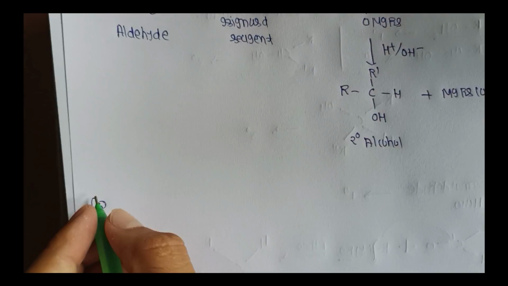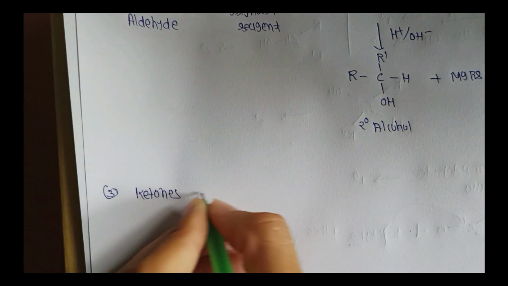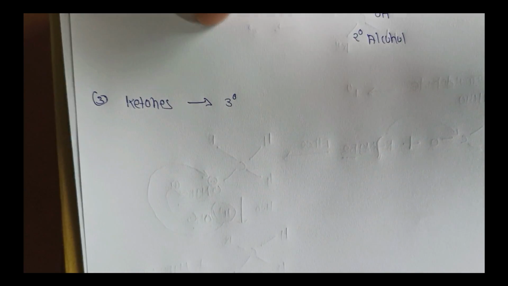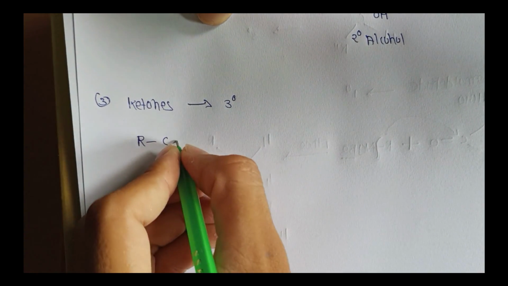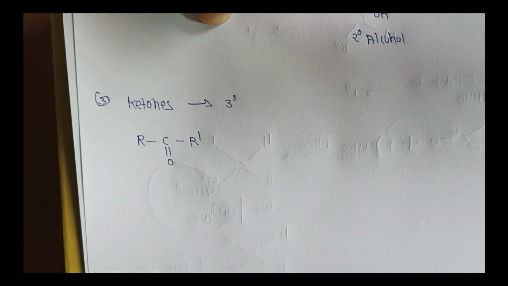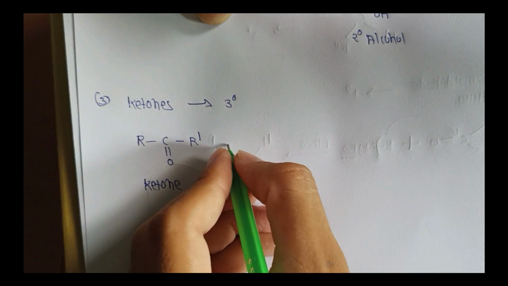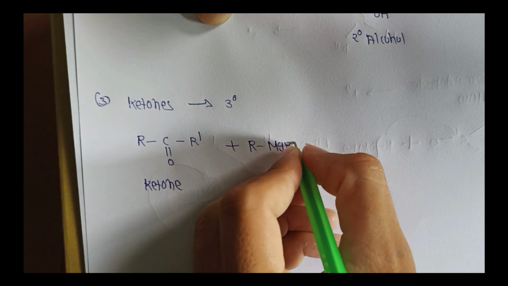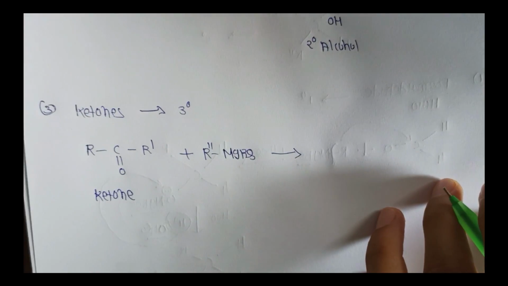Same method for how to prepare tertiary. Tertiary requires ketone to prepare tertiary alcohol. Here ketone R, C double bond O and R'. This ketone reacts with R'' MgBr.